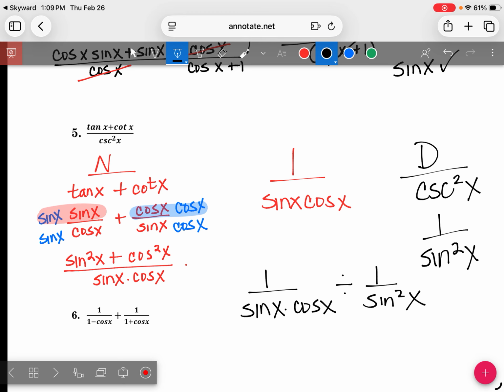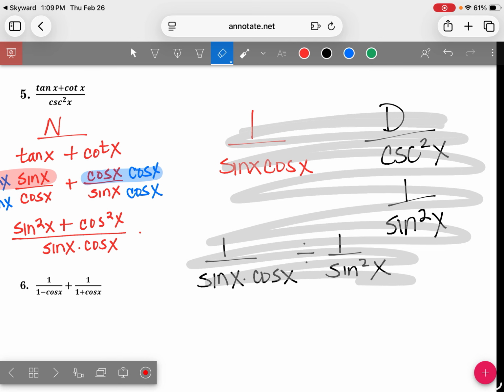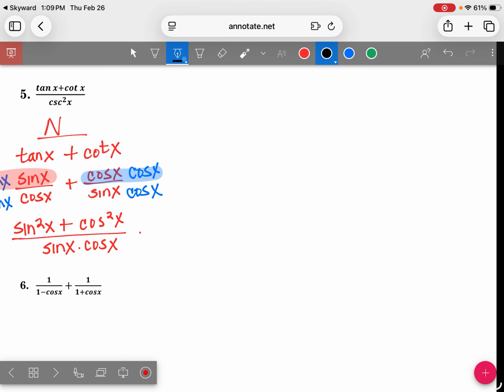Sorry, that got a little messy. Actually, I'm going to bring that up a little bit so I have some space. So I have 1 over sine cosine divided by 1 over sine squared. All right, we got 2 fractions, so what do we have to do? Keep, change, flip. Go ahead and do it.